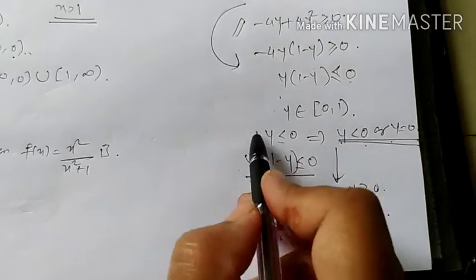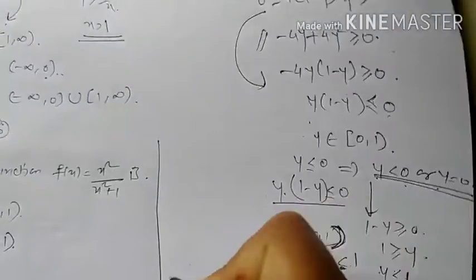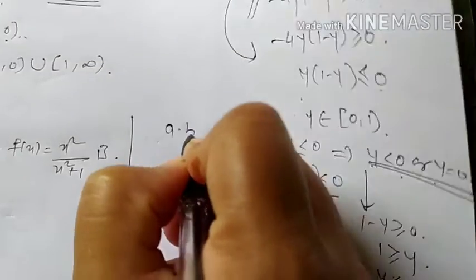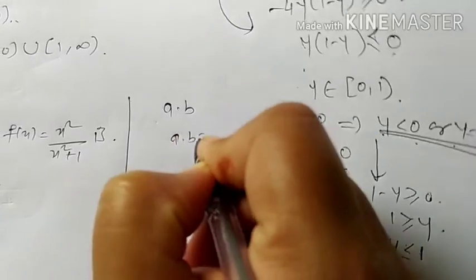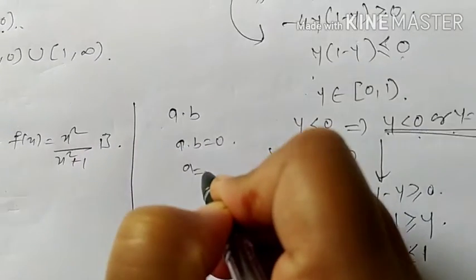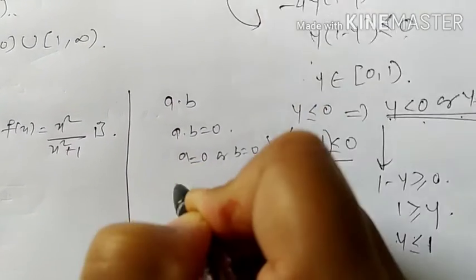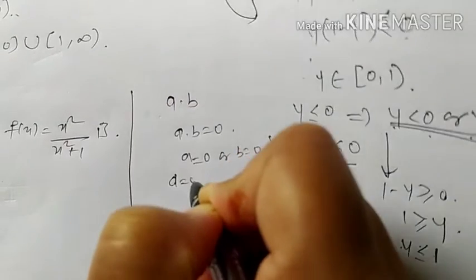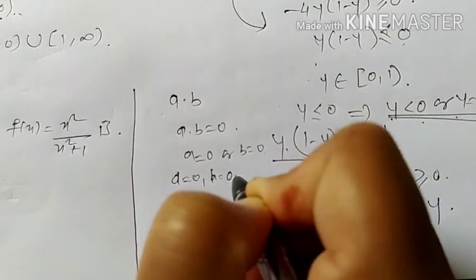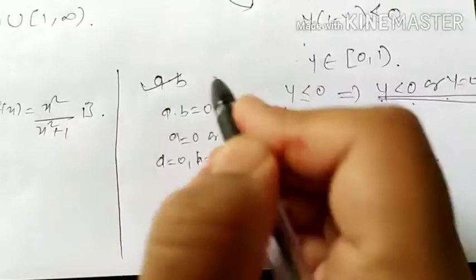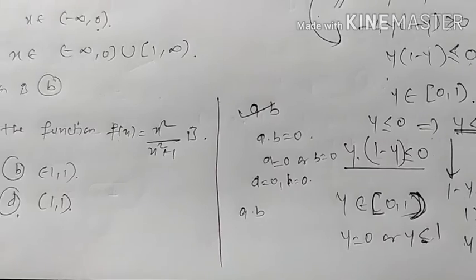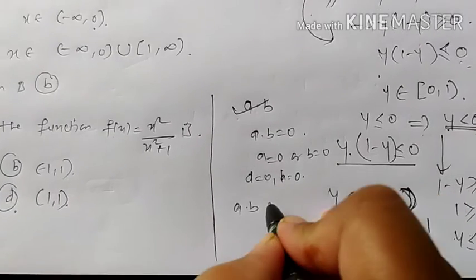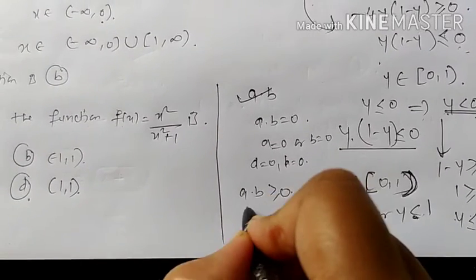See, here I want to discuss, when a and b are any two real numbers, then if a into b equals 0, then either a equals 0 or b equals 0, or we can take both 0 at a time. Okay, but now when the product is greater or equal to 0, it means this product is positive.